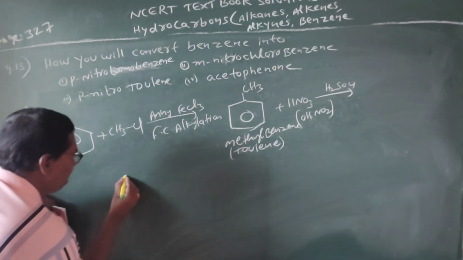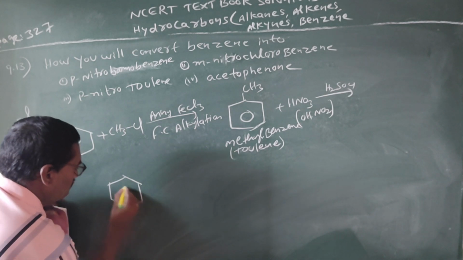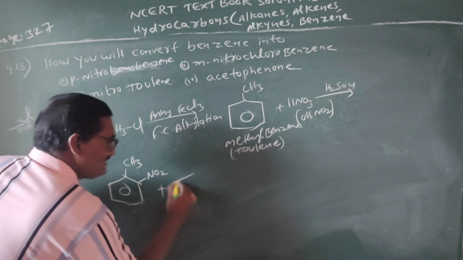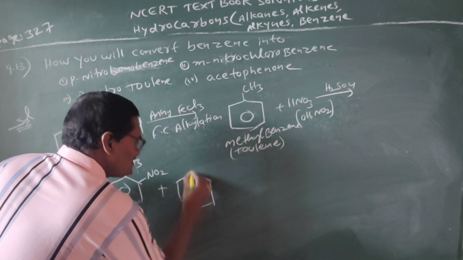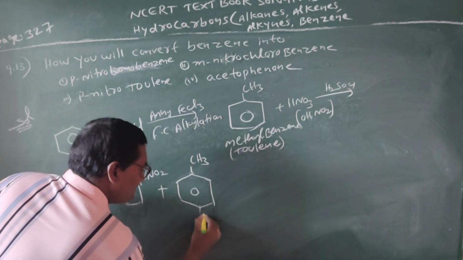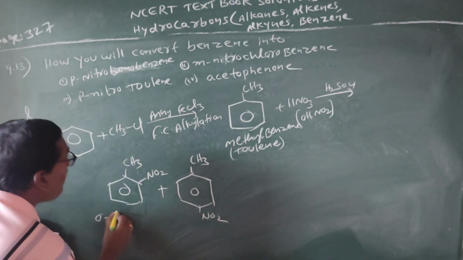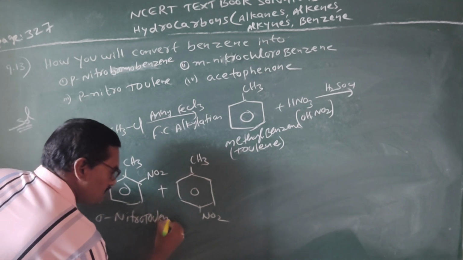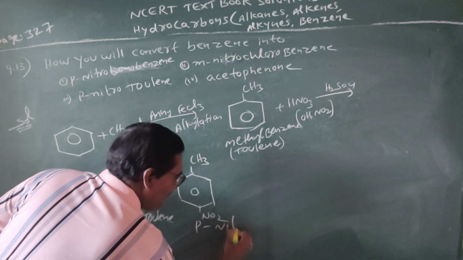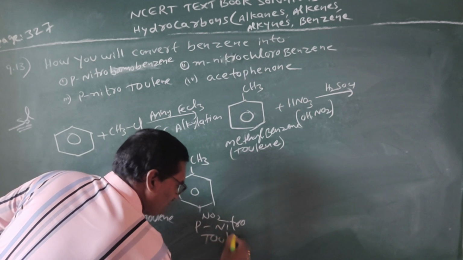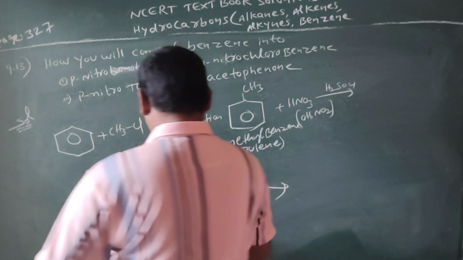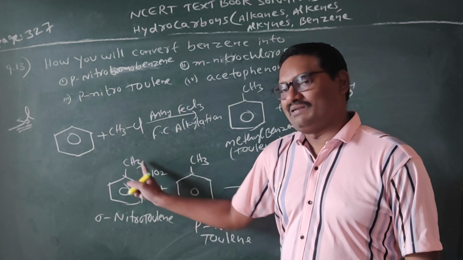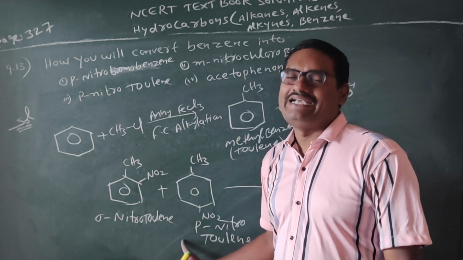Then the answer is CH3 with NO2 plus CH3 with NO2, which are ortho-nitrotoluene and para-nitrotoluene. The major is para and the minor is ortho because of repulsion, that's why it is 5% and 95%.